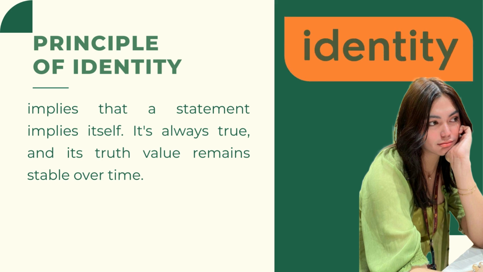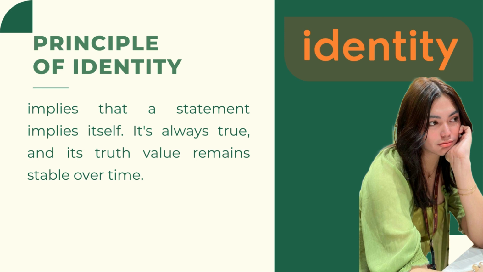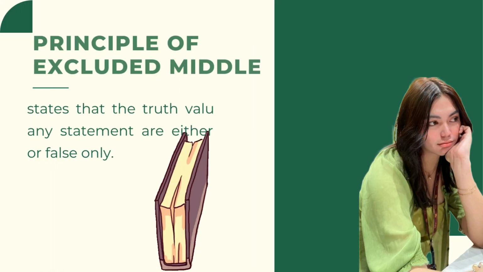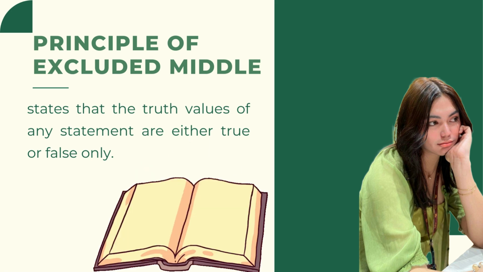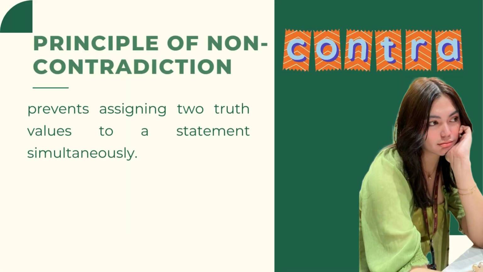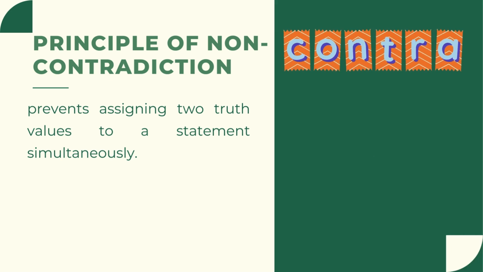It is always true, and its truth value remains stable over time. The principle of excluded middle states that the truth value of any statement is either true or false only. The principle of non-contradiction prevents assigning two truth values to a statement simultaneously.